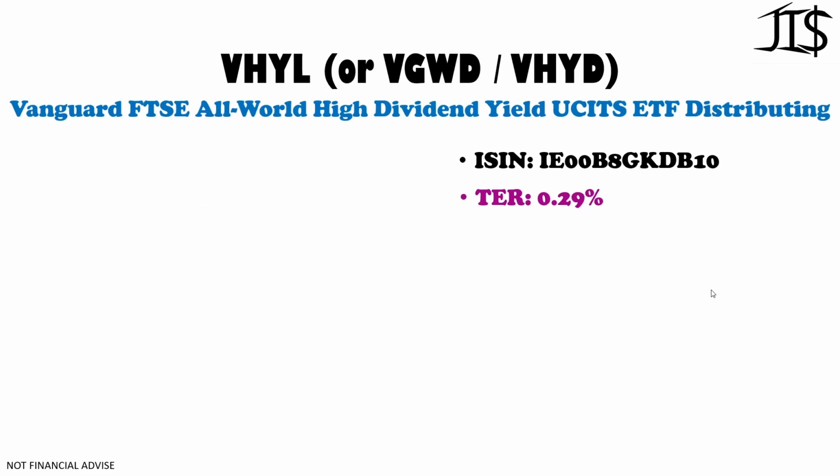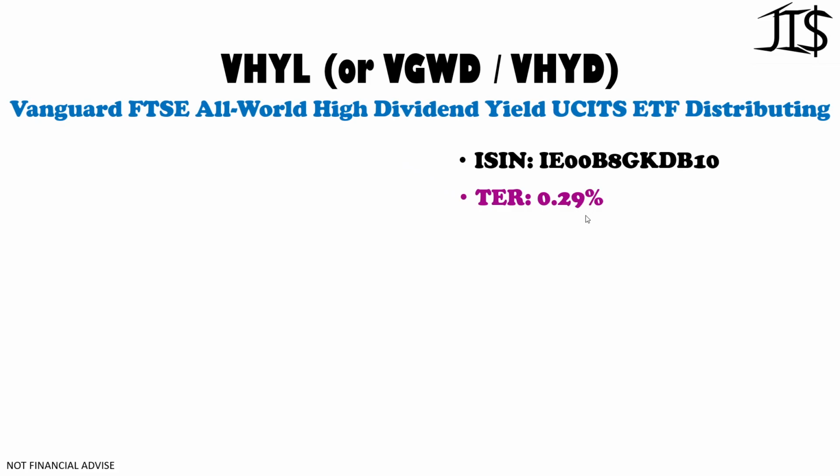Then you have VHYL, or those other short quotes. I'm not going to say them because I will twist my tongue. It's the Vanguard FTSE All-World High Dividend Yield UCITS ETF distributing. And it has a total expense ratio of 0.29%.